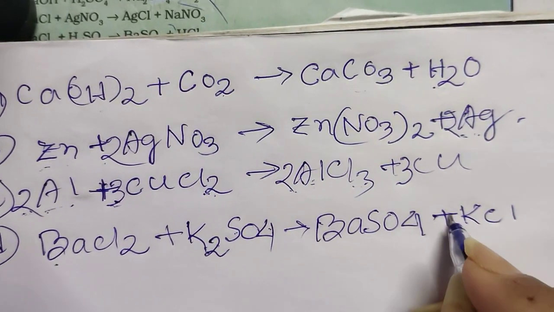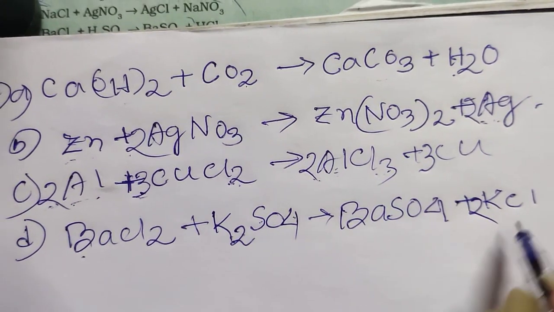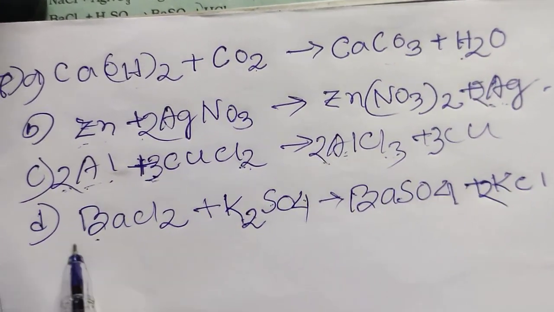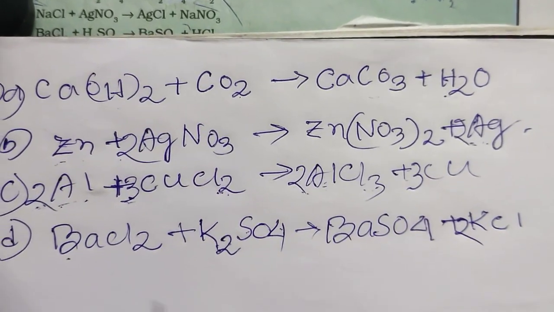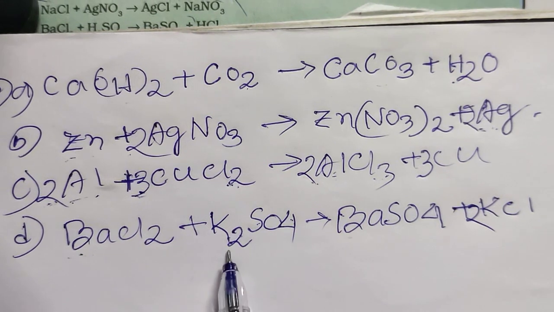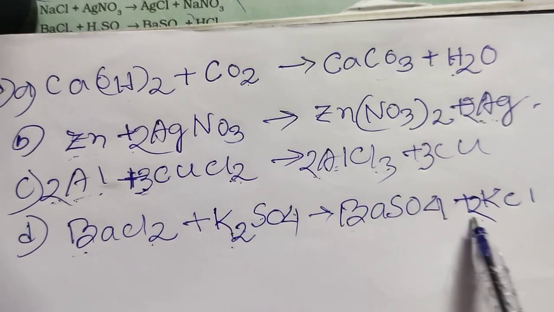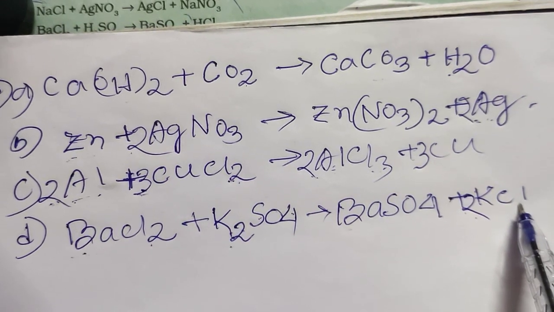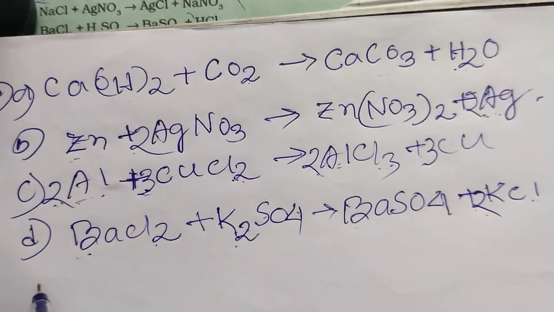That is why we put the digit 2 on the product side, and as a result, what happened? All the numbers of elements on both sides become equal to each other. Okay, see, barium is 1, here is also 1, potassium is 2, here is also 2, chlorine is 2, and here is also 2. So this equation is balanced.